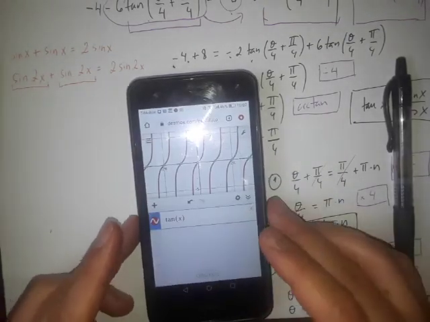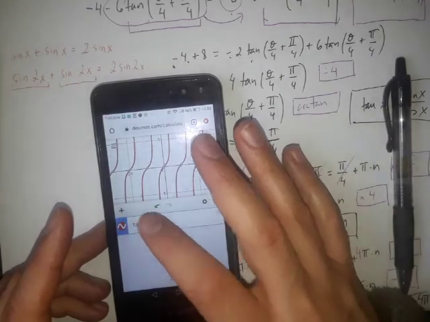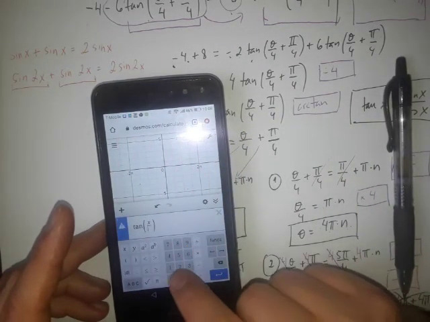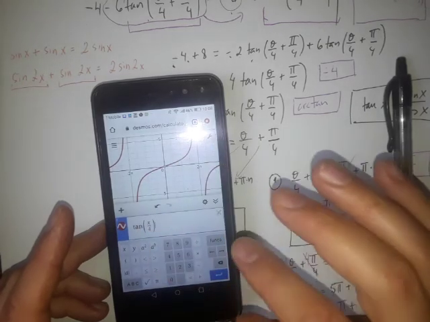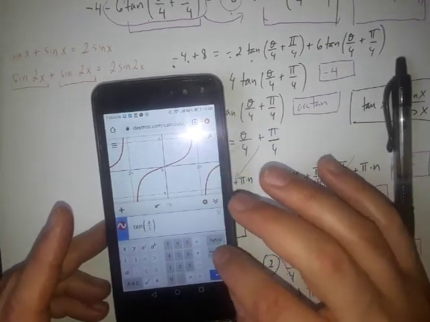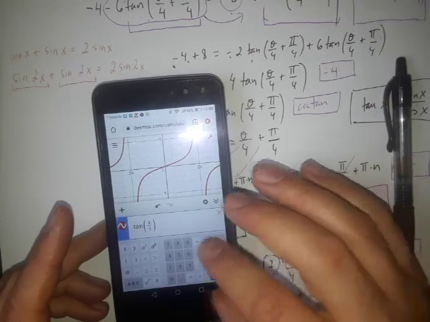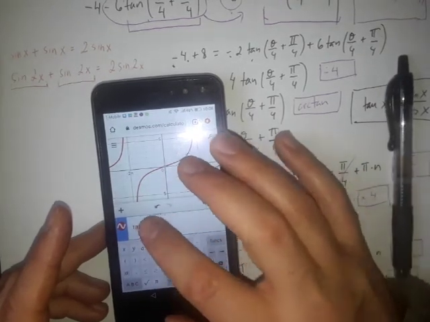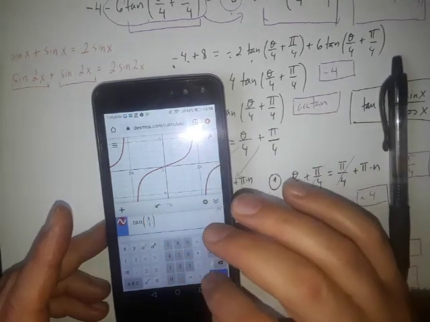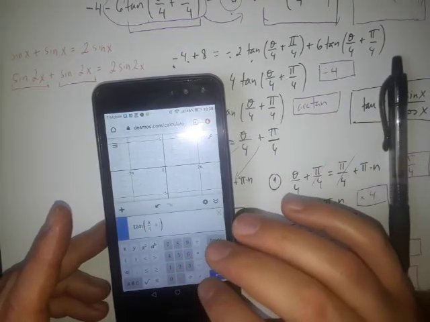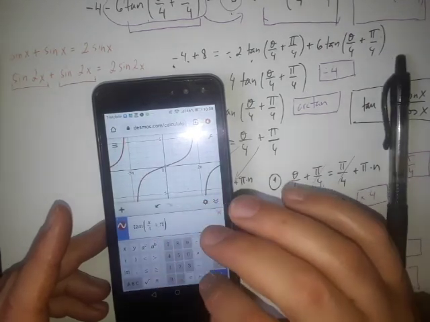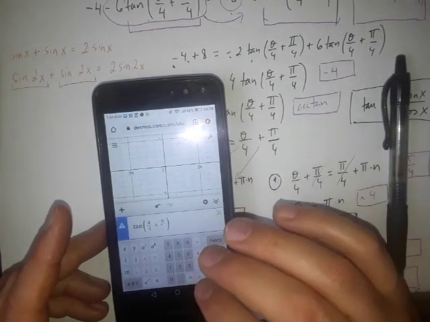So we have tangent. It was tangent of theta over 4 plus pi over 4.